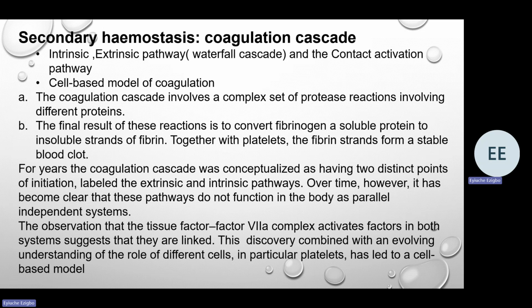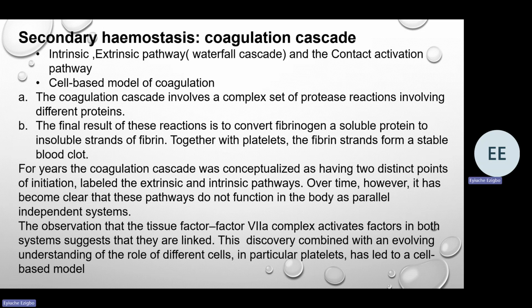The coagulation cascade involves a complex set of protease reactions involving different proteins. The final result of this reaction is to convert fibrinogen, a soluble protein, to insoluble strands of fibrin. Together with platelets, the fibrin strands form a stable blood clot.